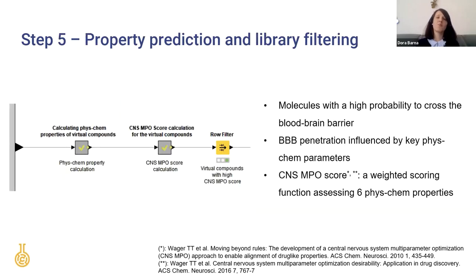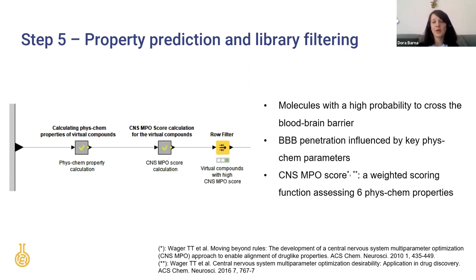So this virtual compound library, depending on the building blocks and the reactants we are using, can be quite large. And even with medium-sized compounds, it's very important to do some property-based filtering on our virtual compounds, so that we will be able to select those molecules which have physicochemical properties that fall within the desirable property space.